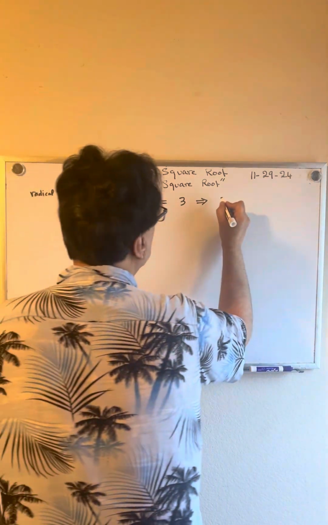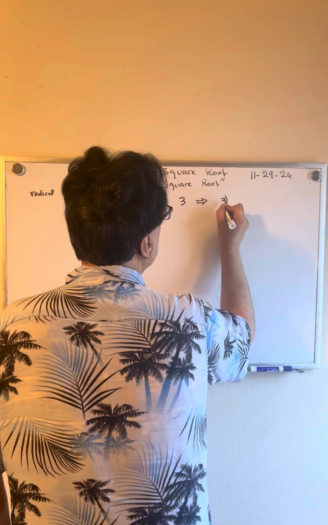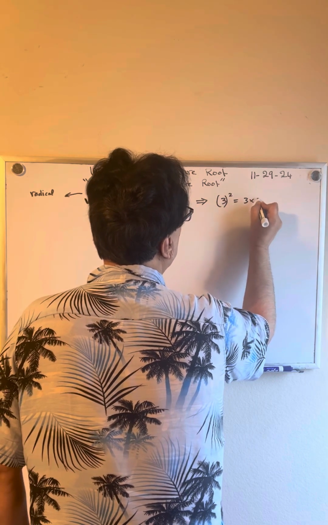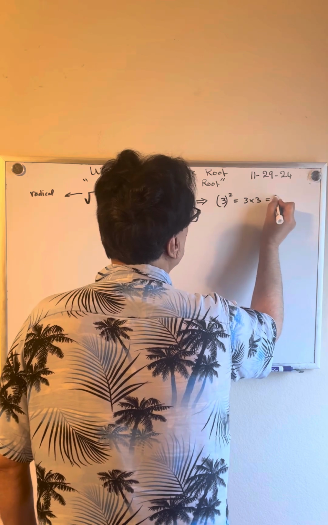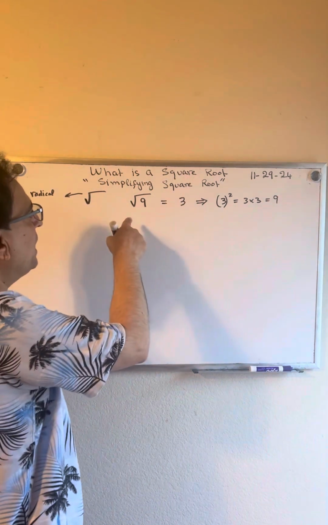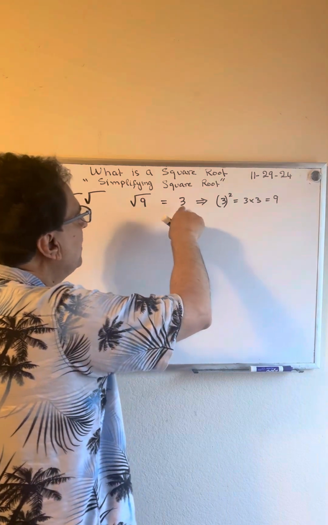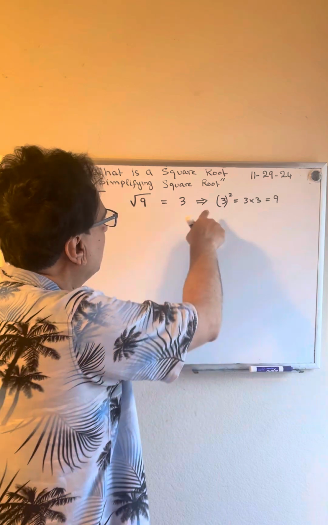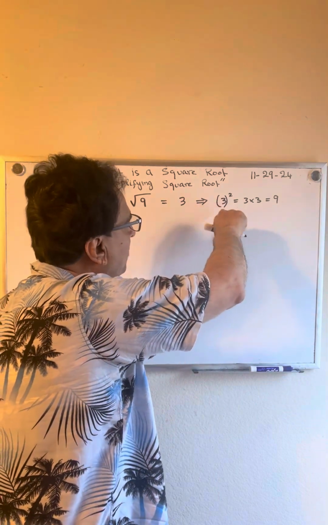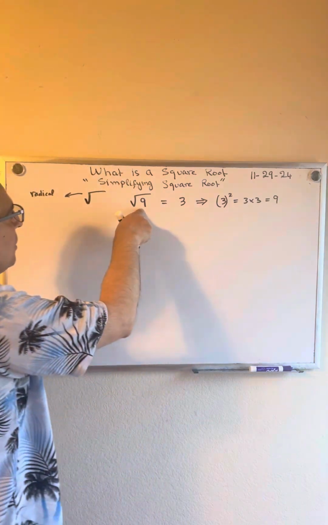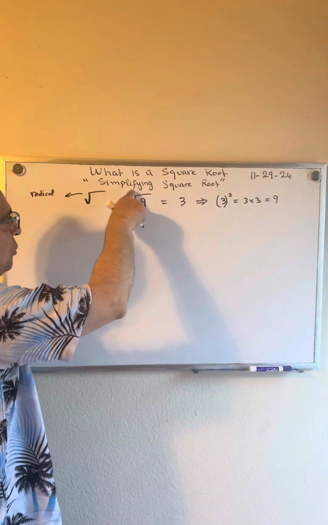Because if I square 3, which is 3 multiplied by 3, it is equal to 9. That's the reason the square root of 9 is 3: once you multiply the number by itself, it should give you the number which is under the root.